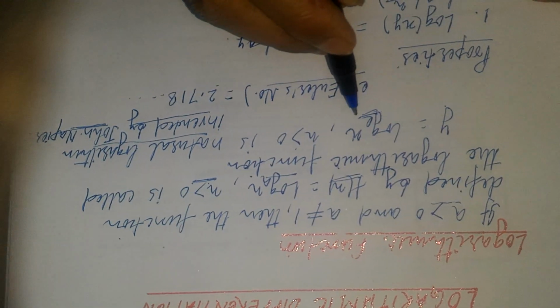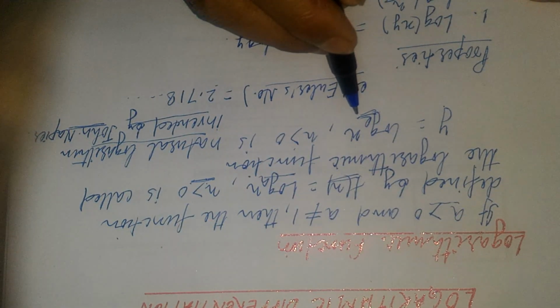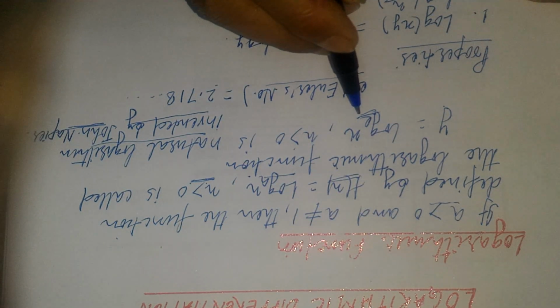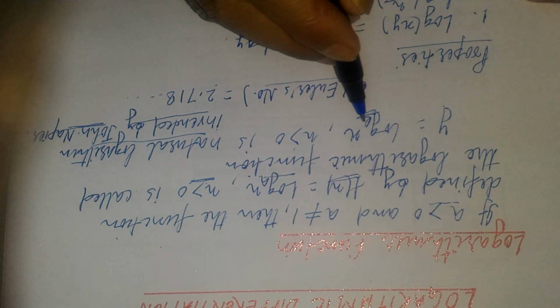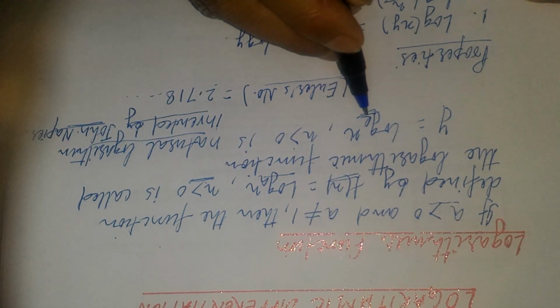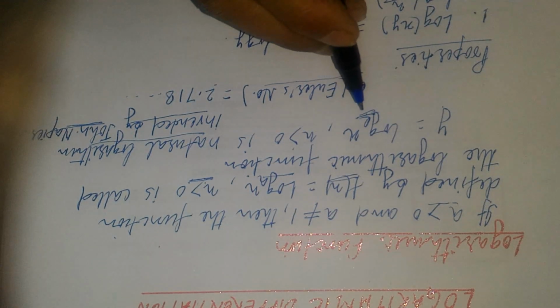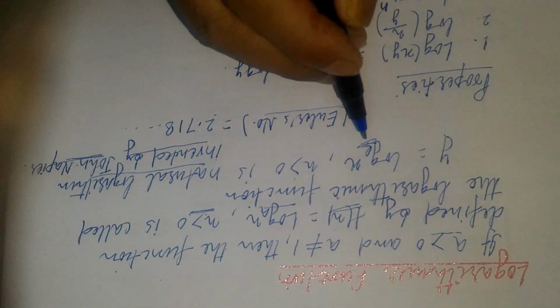So in calculus, normally we go with the natural logarithm, and if the base is not mentioned, we will consider it as the natural logarithm only.